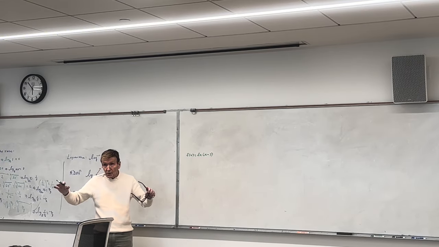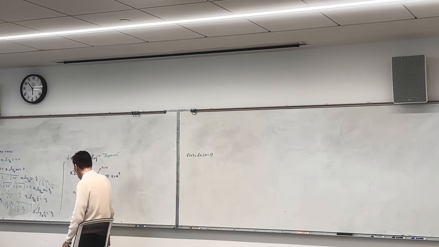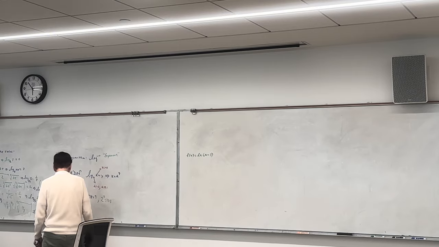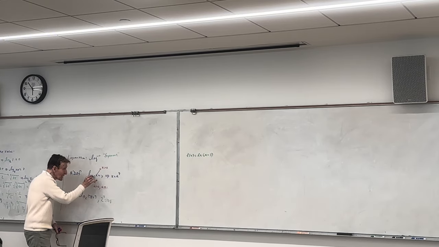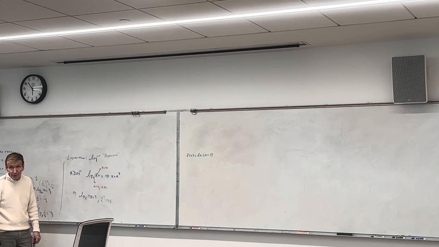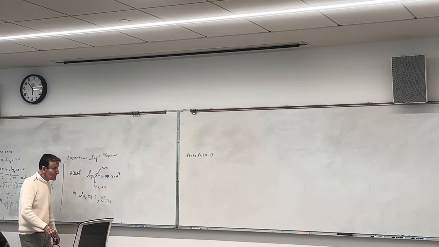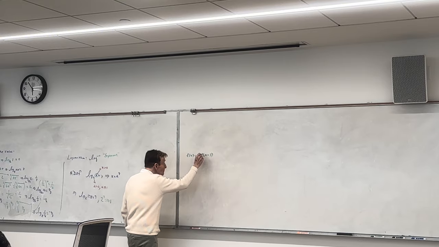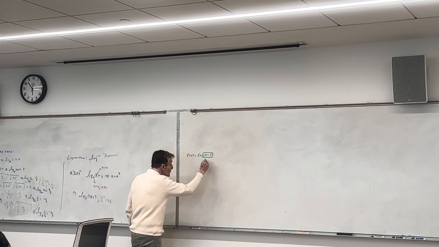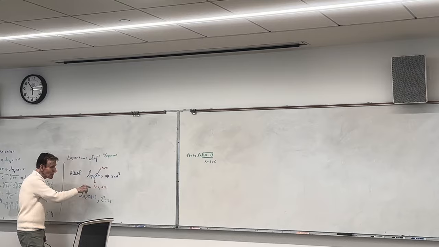They do not want you to do anything to it. Just look at it and tell me based on, I hope I didn't erase it. Oh, I didn't. This right here, guys, look at this. That's your domain, by definition. That's always gonna be positive. So if you want to find the domain for a logarithm, and this is a special logarithm, ln, which is understood to be base e, this must be greater than 0 by definition, right there.